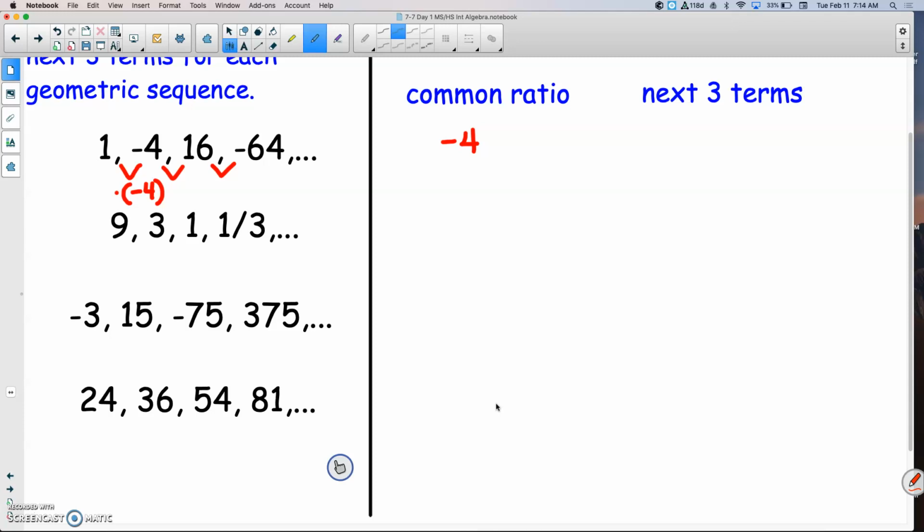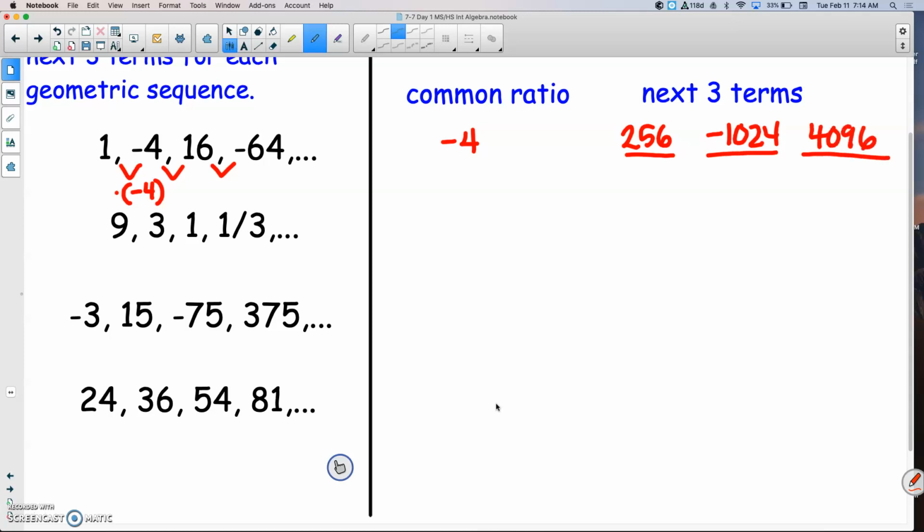So the next 3 terms, if I keep on multiplying by -4, -64 times -4 is 256. Then if I multiply by -4 again, I get -1024. And then finally, 4096.